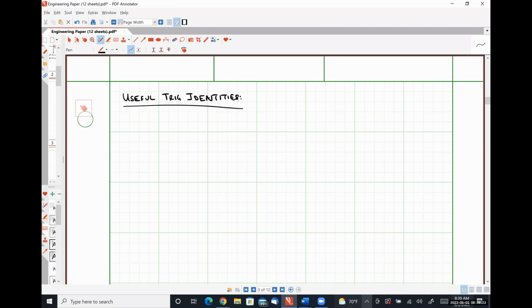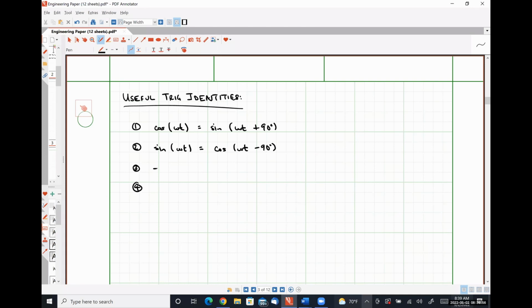All right, so numbers 1, 2, 3, and 4, we've already talked about. That was cosine of omega t is equal to sine of omega t plus 90 degrees.